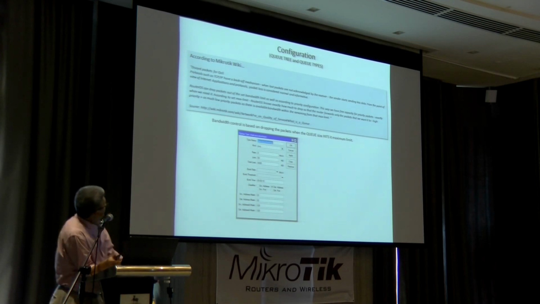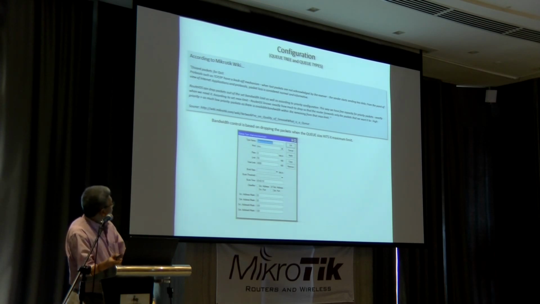For example, here at the queue type, we have the PCQ, ratio is 0, limit is 50, total limit is 400. What it means is that in every substream, I'm only limiting 50 kilobytes per substream.